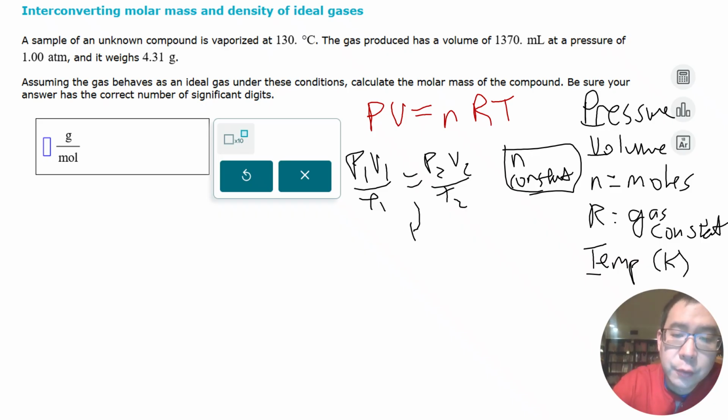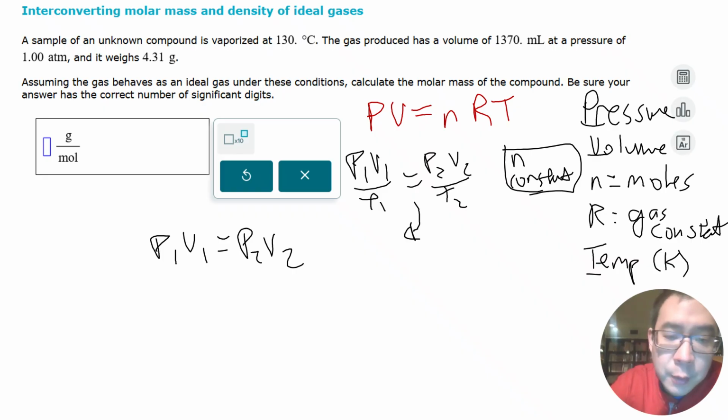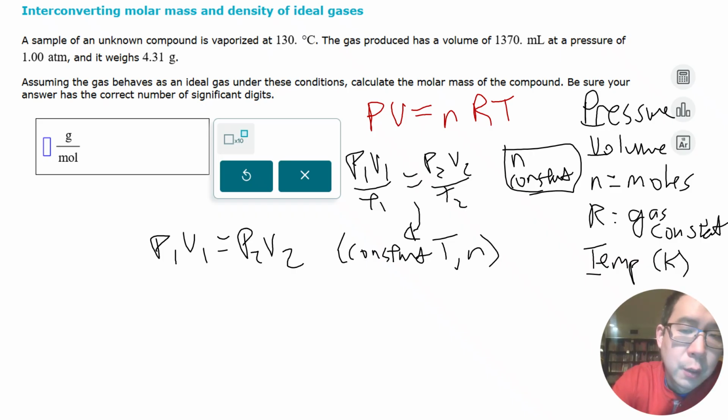From the complete gas law here, we get the other gas laws, such as P1V1 equals P2V2, Boyle's law, right? And that is constant T and assumed constant N also. We get P1 over T1 equals P2 over T2.